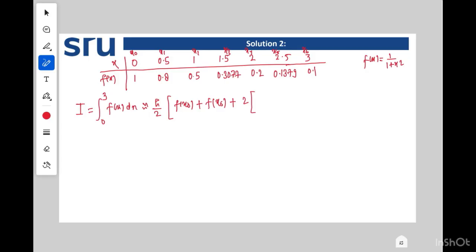So write down their function values: f of x1 plus f of x2 plus f of x3 plus f of x4 plus f of x5, okay, because x6 is already counted.